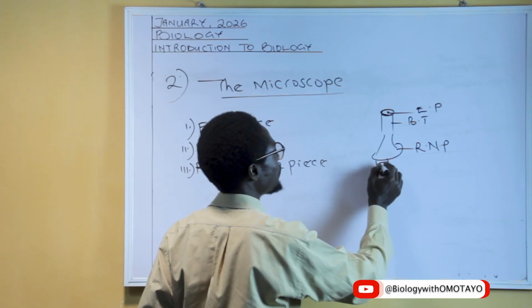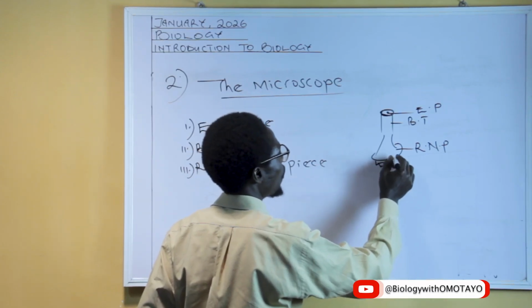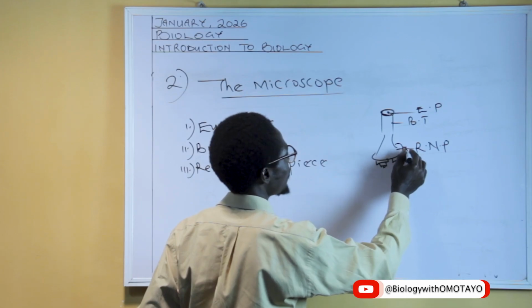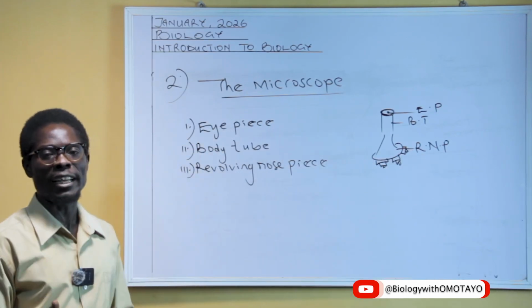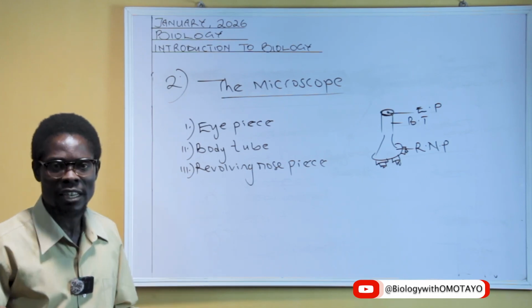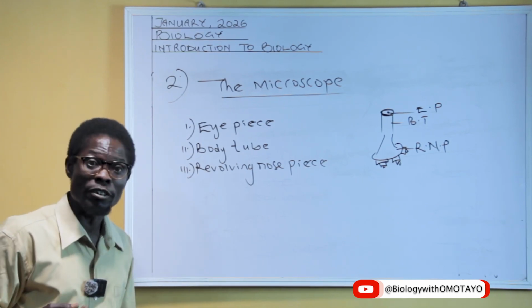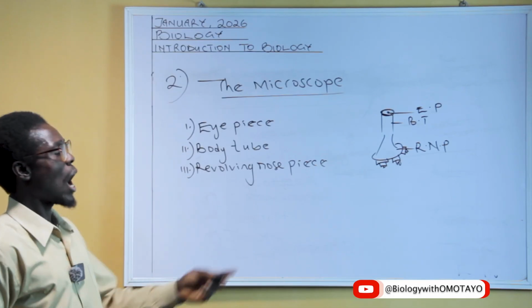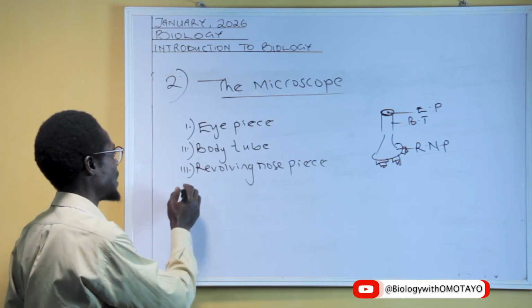So you have objective lenses. They can be rotated for you to carefully select the preferred lens that will enable clarity with regards to the organism being viewed. So our objective lens is the next here.